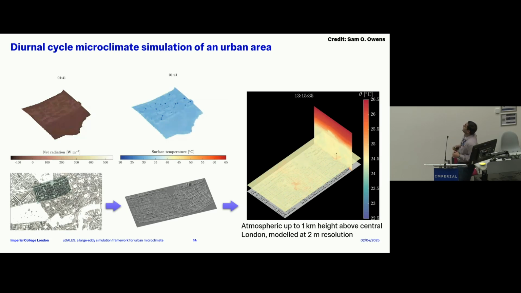Now, this kind of large-scale, high-resolution simulation is very important to understand how cities interact with the local microclimate, and this will help us to make future cities more resilient and more adapted to future urban challenges like the heat island effect and poor urban air quality.